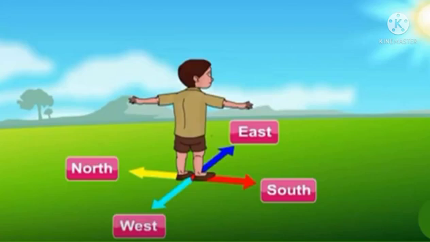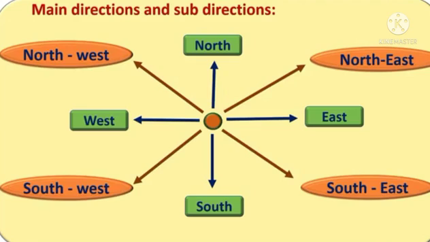Starting with our lesson. So students, you all know that there are 4 major directions, namely East, West, North and South. Now students, we will see main directions and sub-directions.